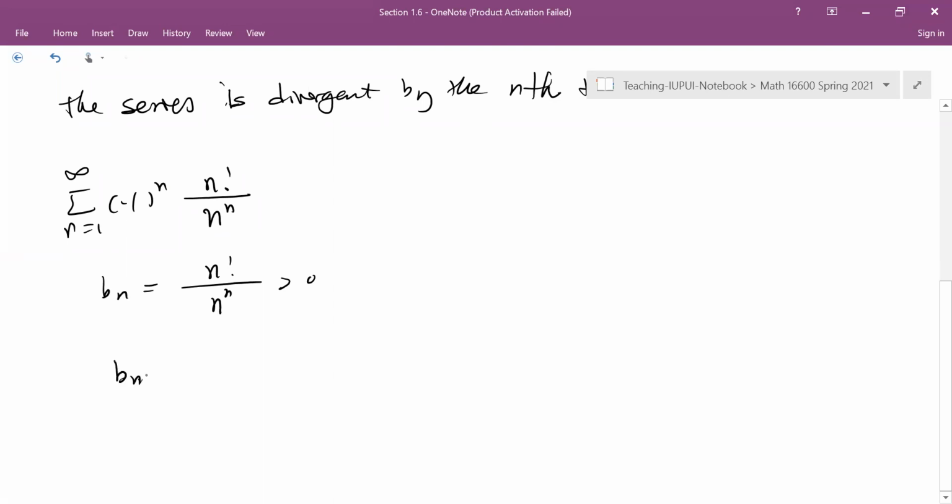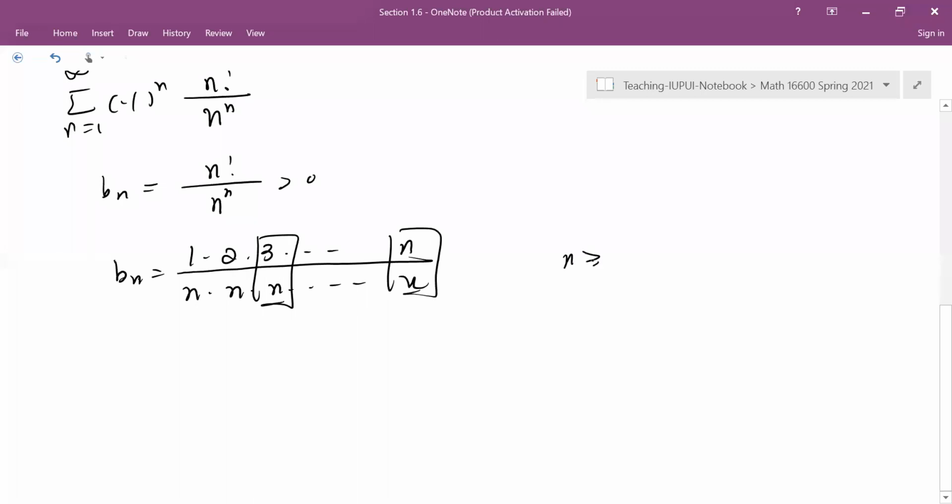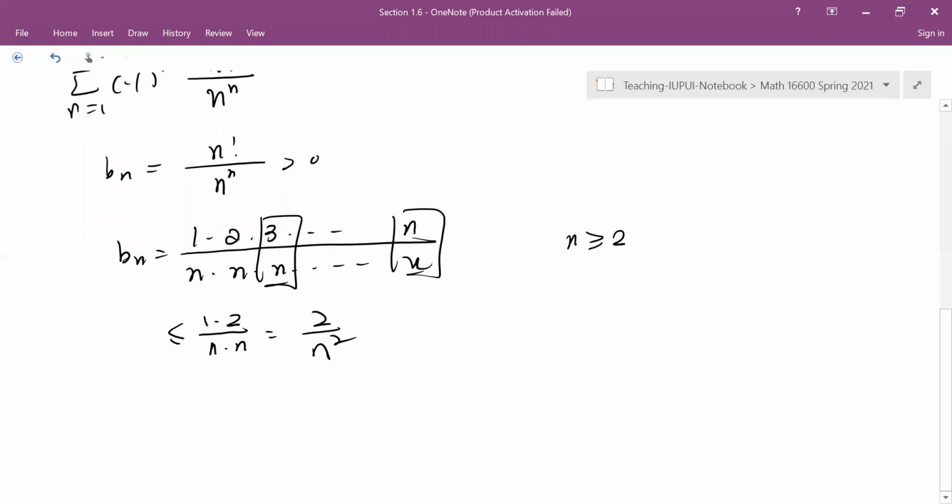So for n, you see, let's write this down, right? Every term here is less than or equal to 1. I only keep the first 2 terms. So when n is greater than or equal to 2, this is less than or equal to 1 times 2 over n times n. So it's 2 over n squared.